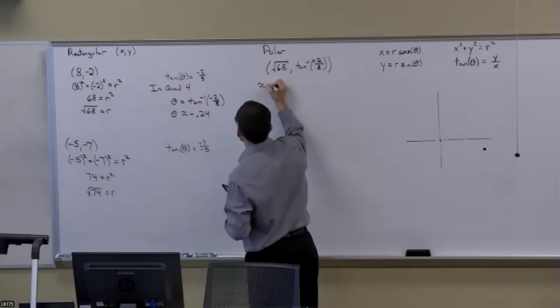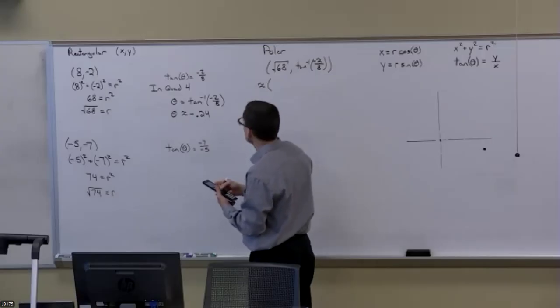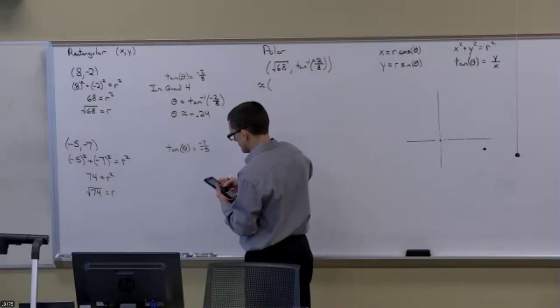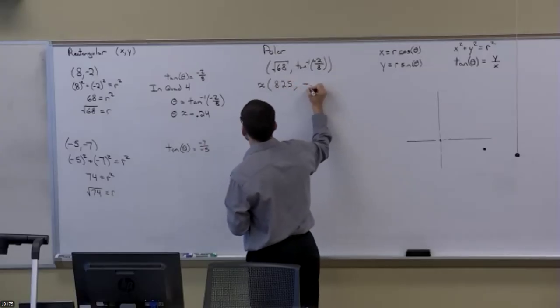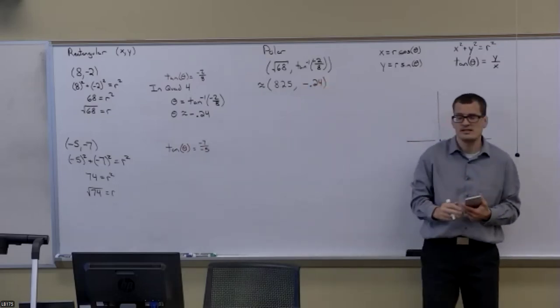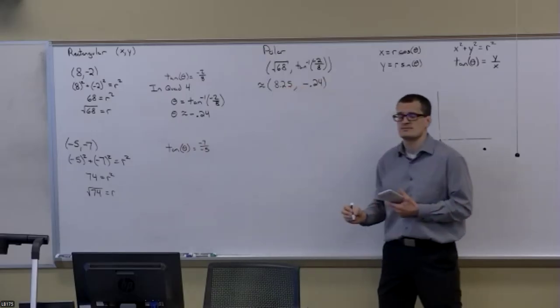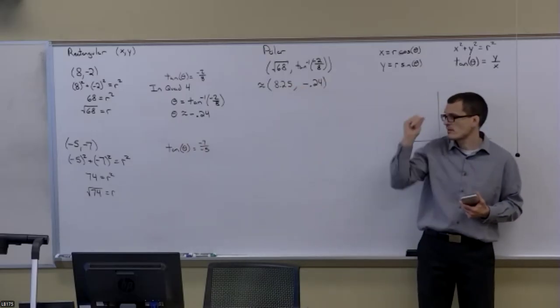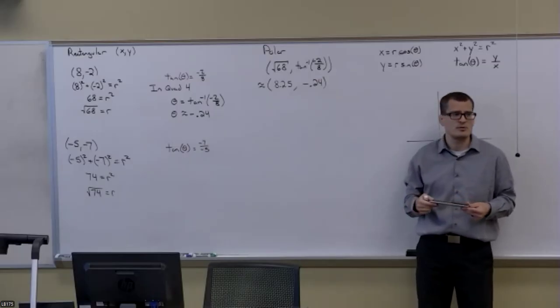But the approximate value, the one you type into Moodle, is 8.25 roughly, comma, -0.24 radians. So radius is about 8.25, and angle is about -0.24 radians.